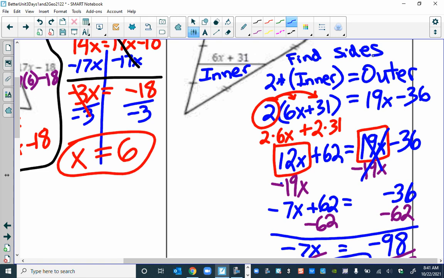That's with them, and remember, the inner is your mid-segment. Because the next two problems that we're going to be doing, if you notice the bottom two, are we going to be finding sides, or are we going to be finding angles? Look at the next two problems that you see.